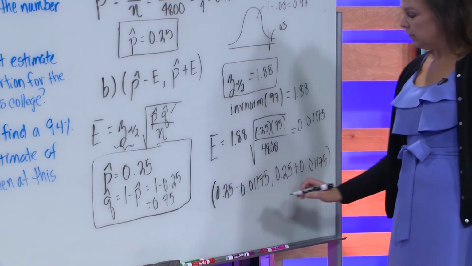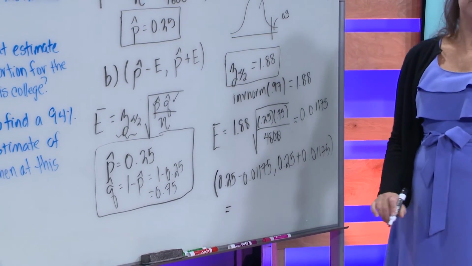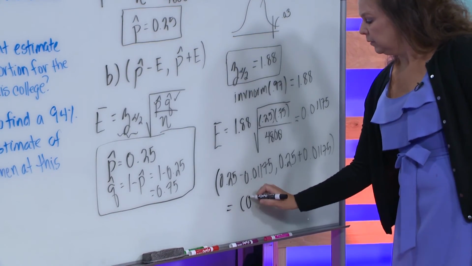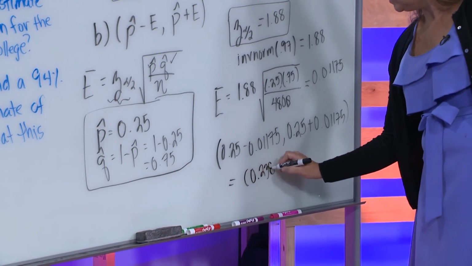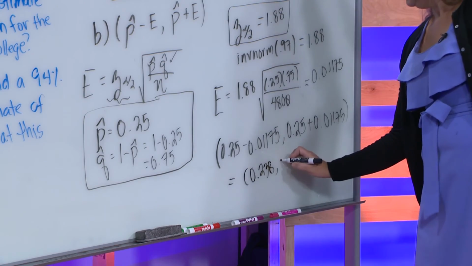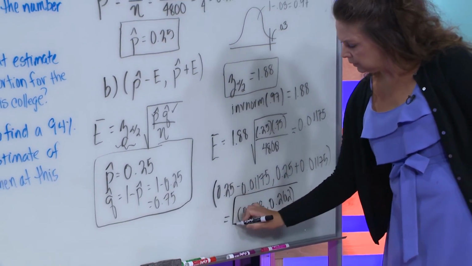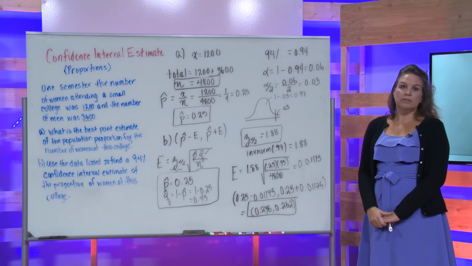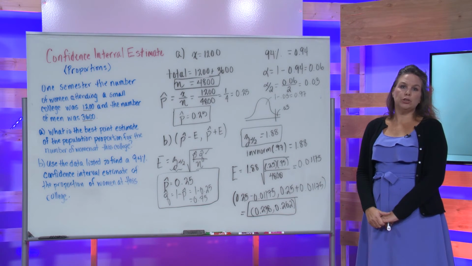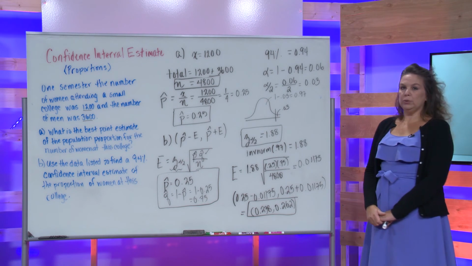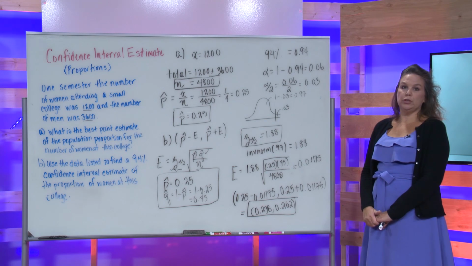The final answer, if I do that calculation, will be approximately 0.238 to 0.262. And so the confidence interval estimate that contains the true population proportion with a 94% degree of confidence is 0.238 to 0.262.